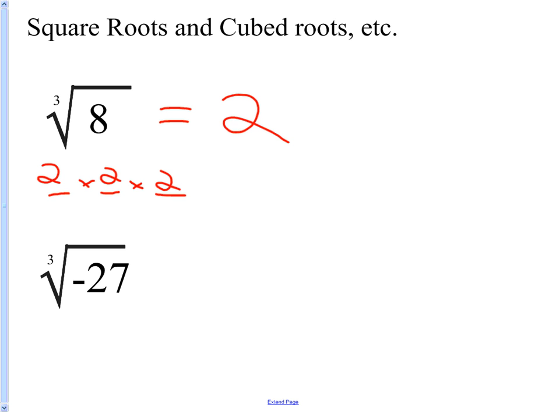Now, let me ask you this. Would negative 2 work? No, because negative 2 times negative 2 times negative 2 would give you negative 8, and that's not what they asked. So with this kind, you can't just assume, oh, it's got a positive and a negative version. That's only saved for things like squared or, what do you think? To the 4th, yep. If you do the 4th root of something, then the positive and negative thing will work. All right, so if I asked this question, what is the cube root of negative 8?